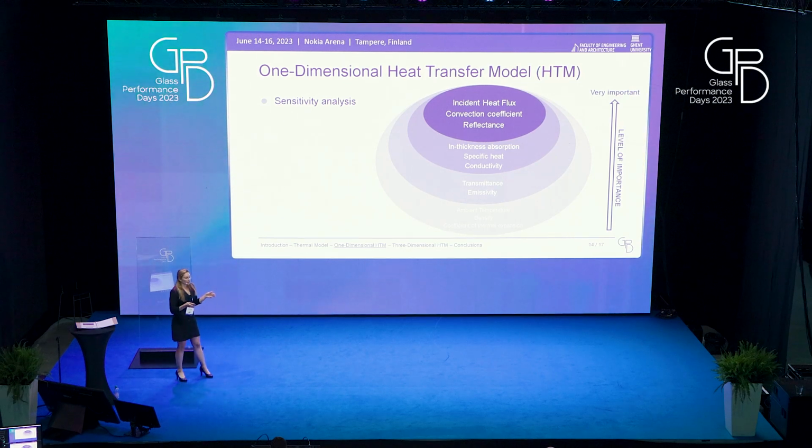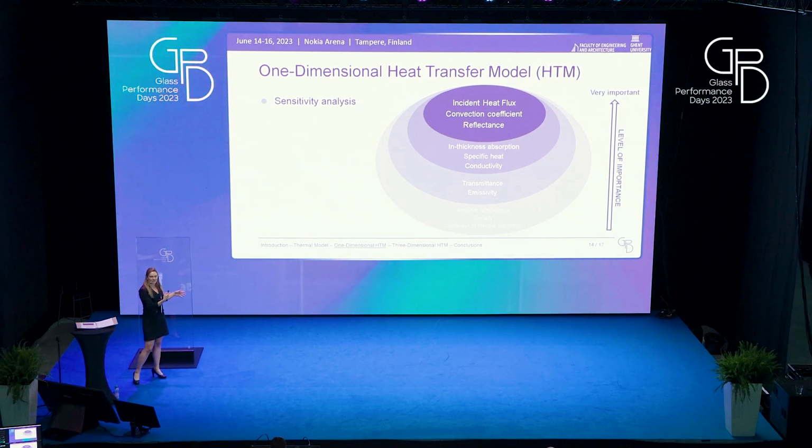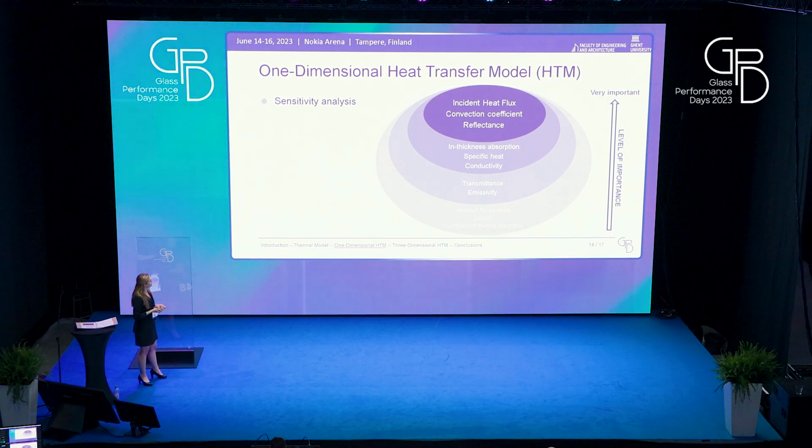So we know that if we do experiments, these factors are very important to make an extra effort to get them as accurate as possible. You can say the same of the other input values, but the importance decreases when you go down.